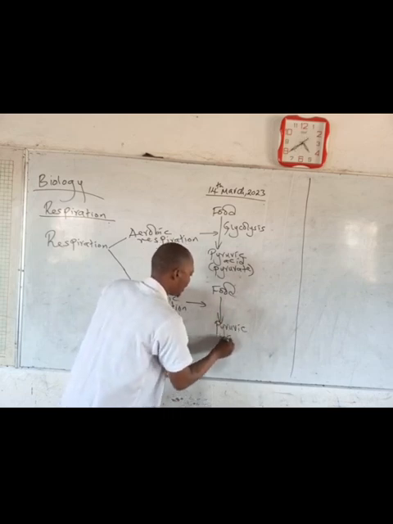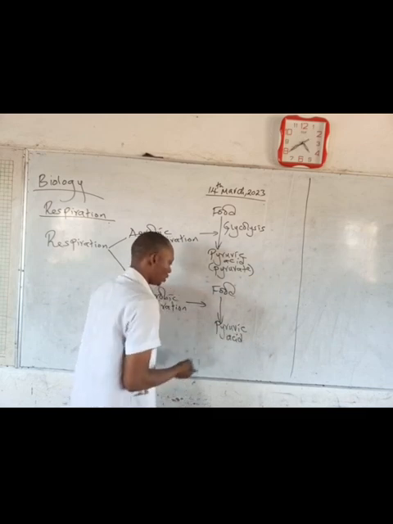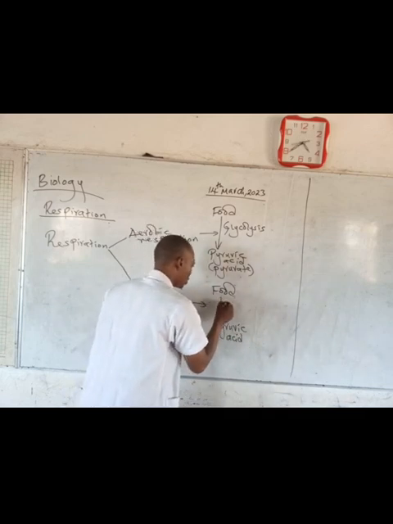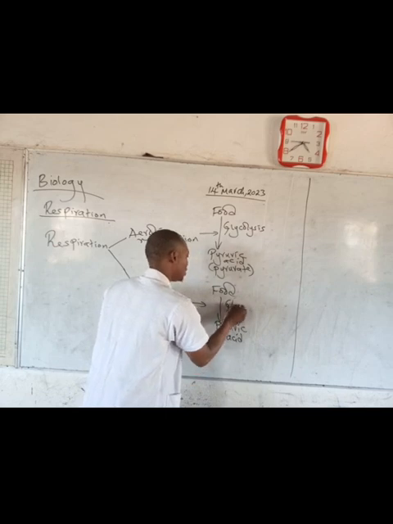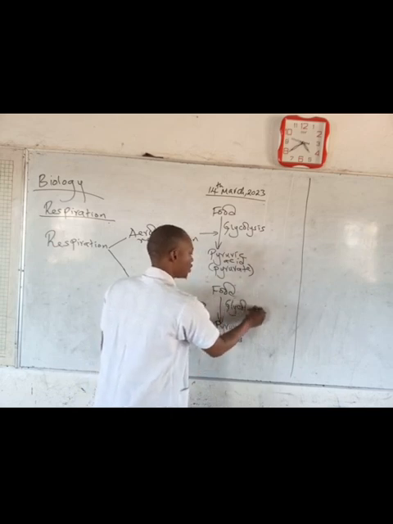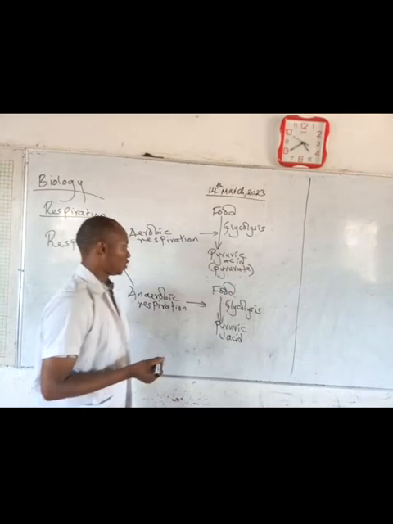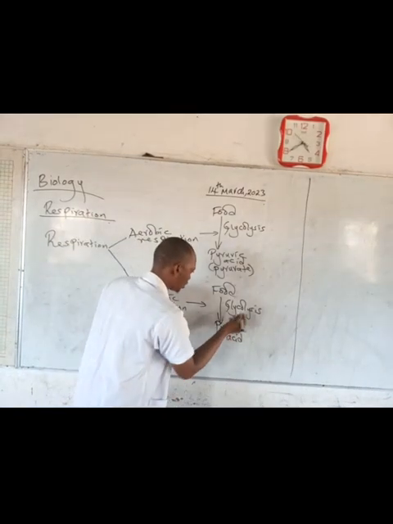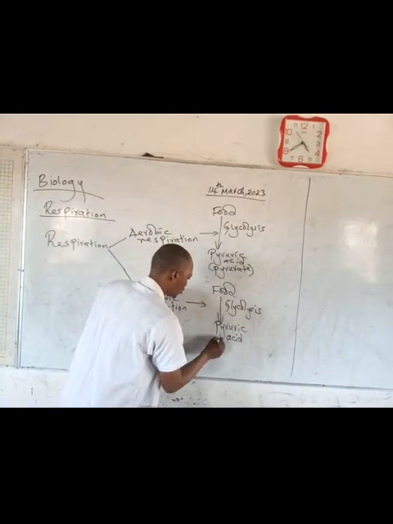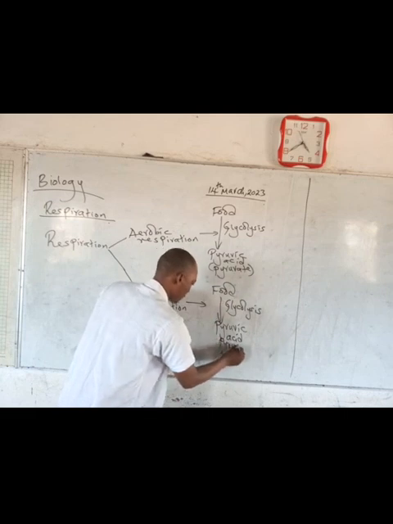So the process remains glycolysis, and pyruvic acid is also called pyruvate.